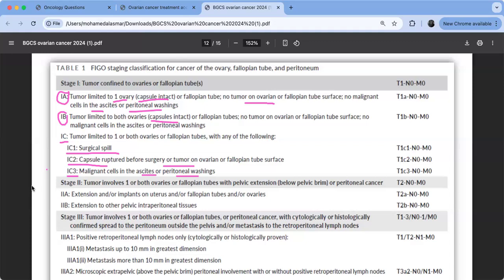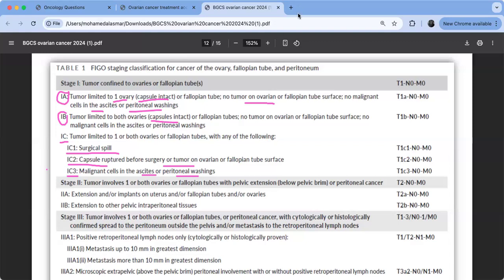How about stage 2? In stage 2, my friends, one ovary and or fallopian tube with implant.